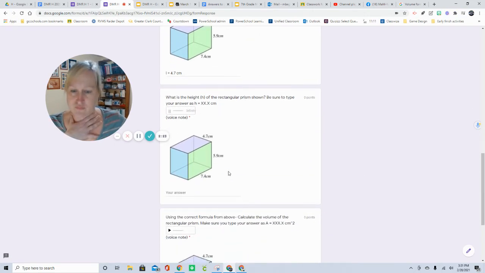This question asks you to determine what is the height of the rectangular prism shown. Make sure that you type your answer as H space equals space the number space cm for centimeter. Okay, so I just typed that example down there.